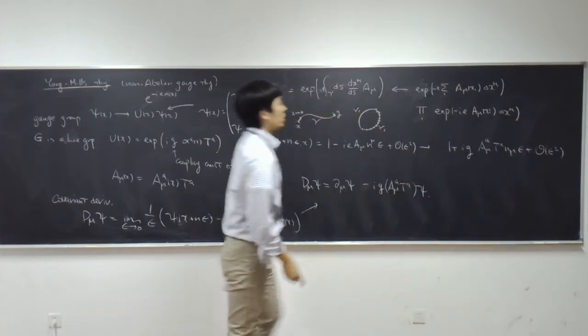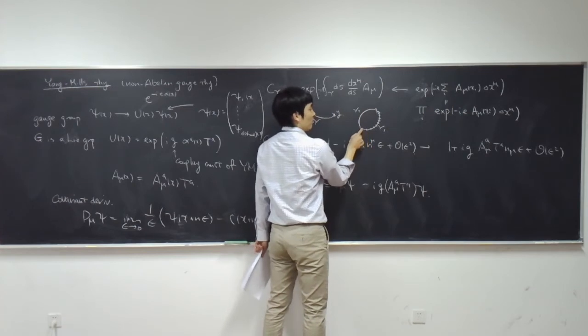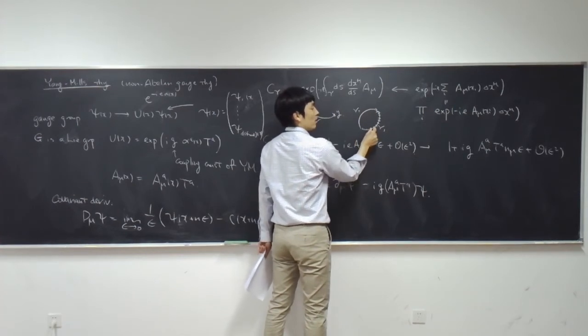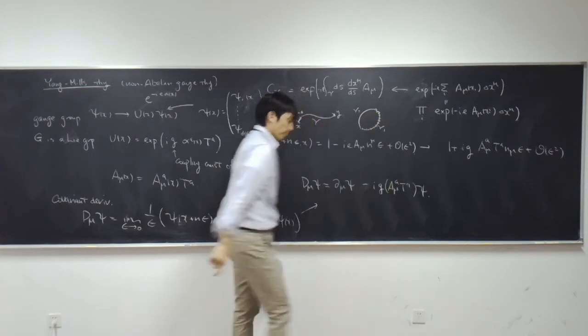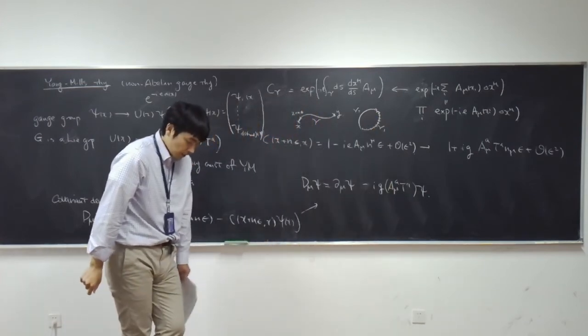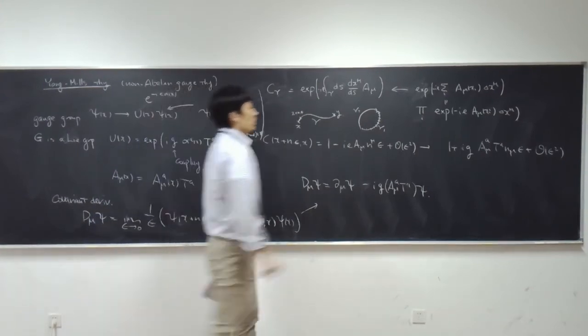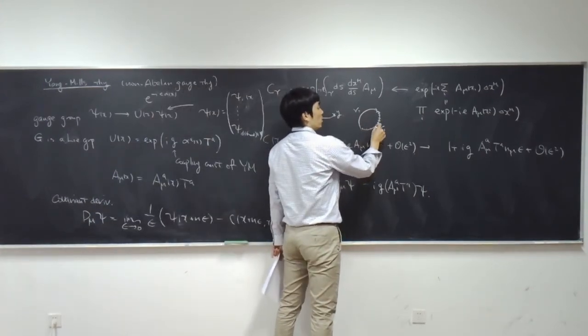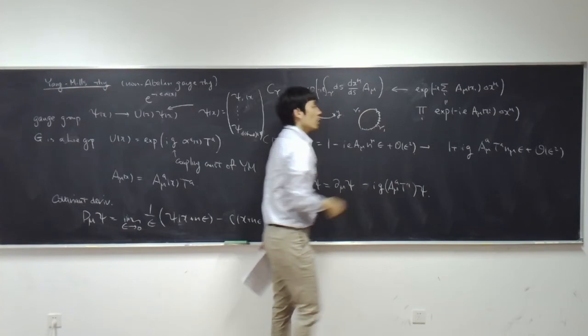So this is a product: you take the Wilson loop in each segment, multiply them together, and you get the Wilson loop.